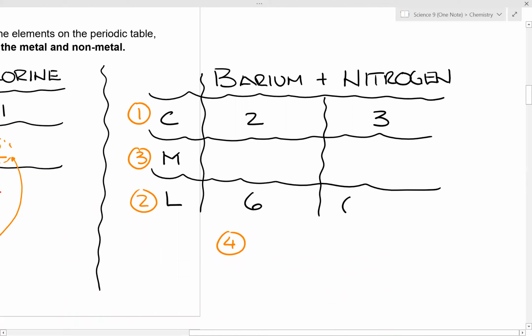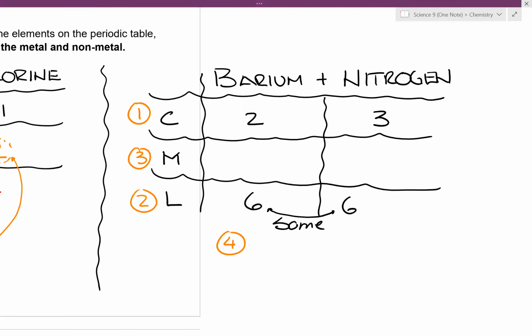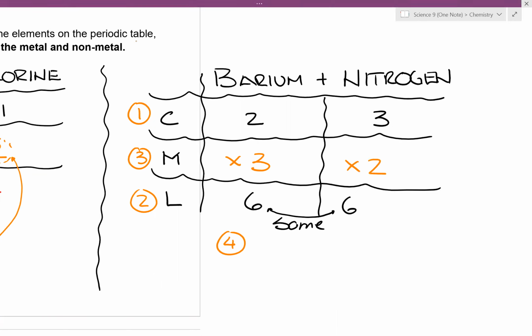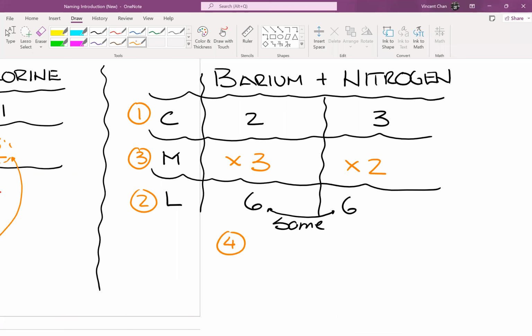And in this case, it would be 6. Now, again, these need to be the same. So if we look at the multipliers, barium would be 3, nitrogen would be 2, because for barium, 2 times 3 gives you 6. For nitrogen, 3 times 2 gives you 6.